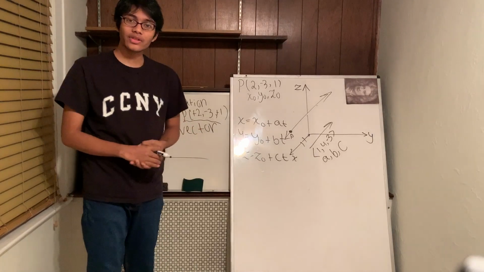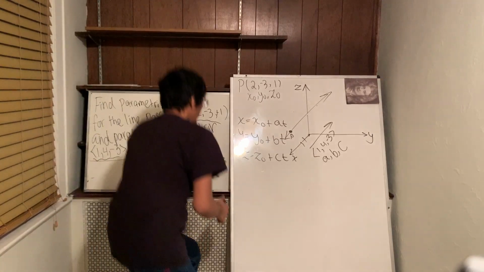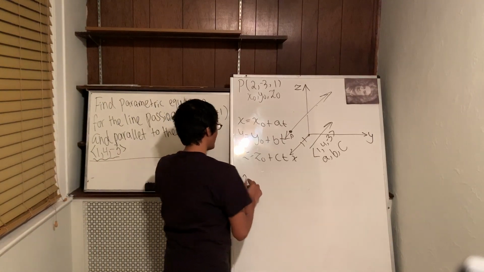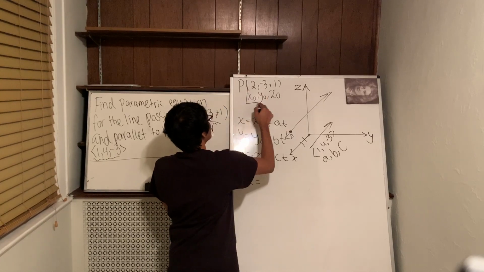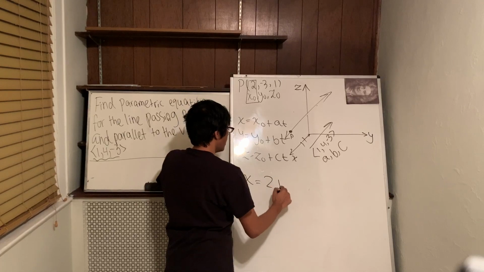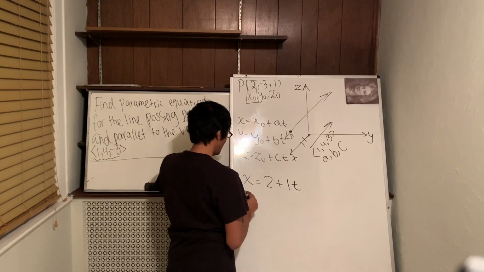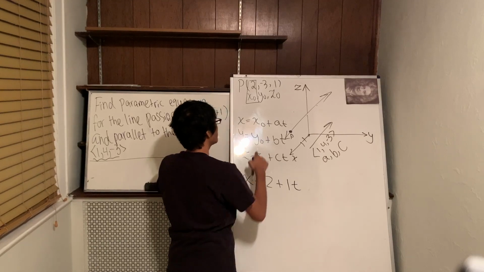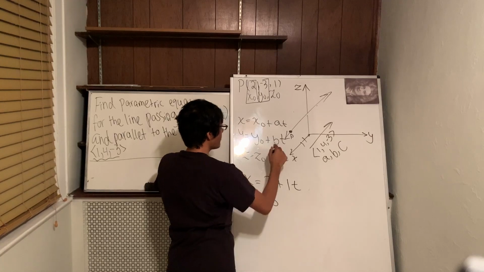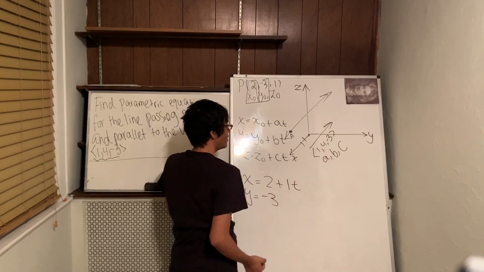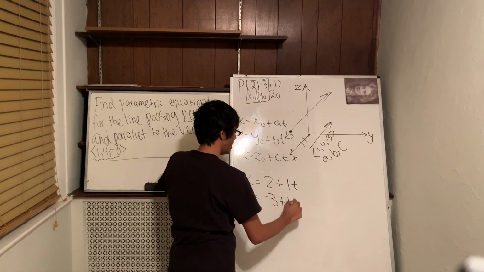And so now all we have to do is plug these numbers in, right? So let's go ahead and do that. We have x is equal to x naught, which is 2, plus a, which is 1, times t. What's y equal to? Well, y is equal to y naught, that's -3, plus bt, which is 4t.